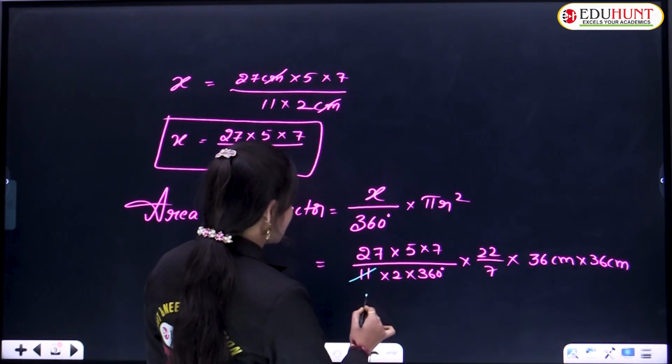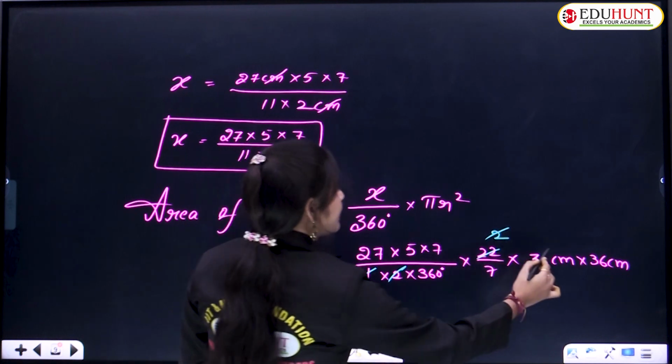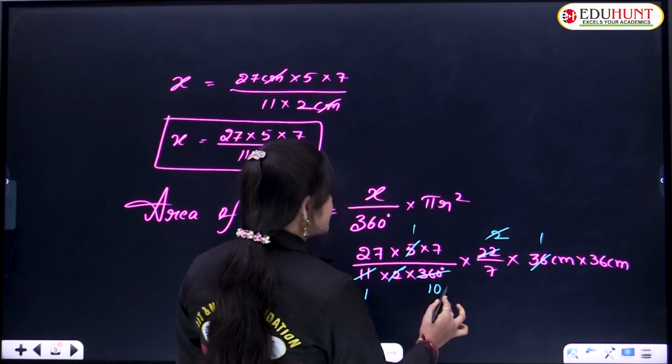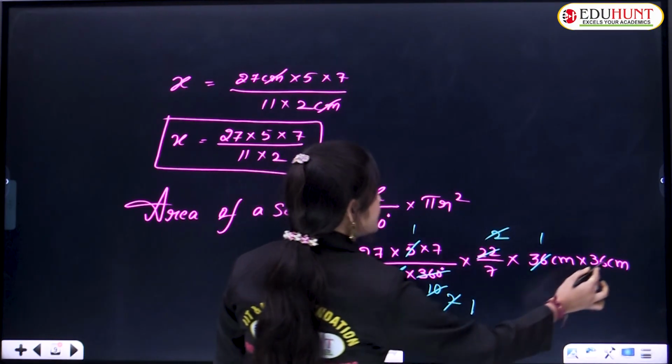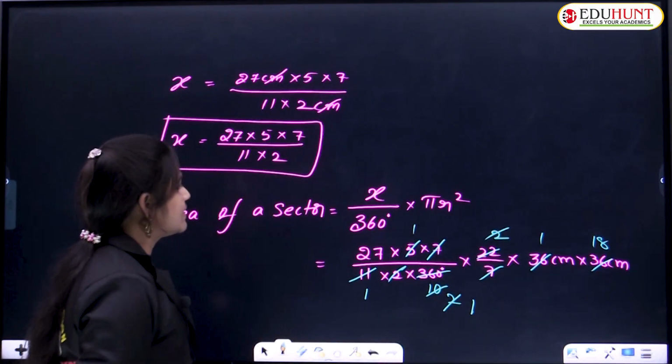Directly do the cancellation. 11 ones, 11 twos. 2 and 2 get cancelled. 36 ones, 36 tens. 5 ones, 5 twos. 2 ones, 2 eighteens. 7 and 7 cancel.